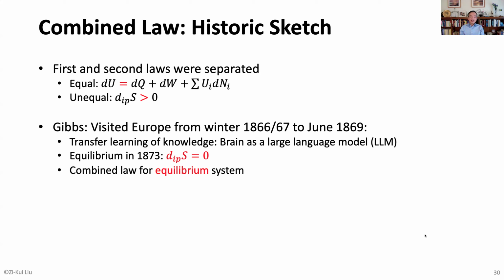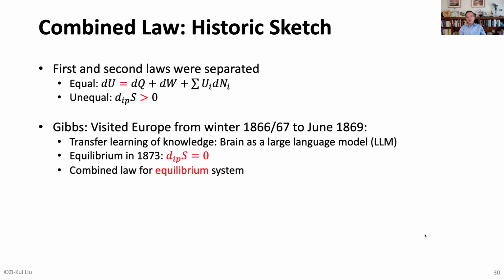But even before that, in 1873, he showed the internal energy should be a function of entropy and volume. So that's how thermodynamics is typically taught today, in most textbooks. That's why thermodynamics is thought to be for equilibrium systems only.